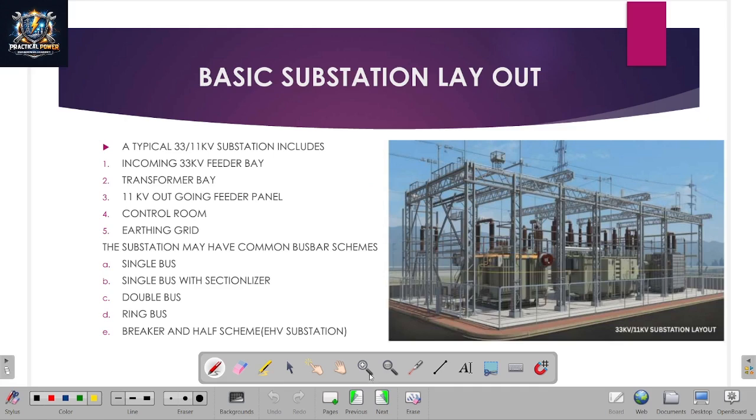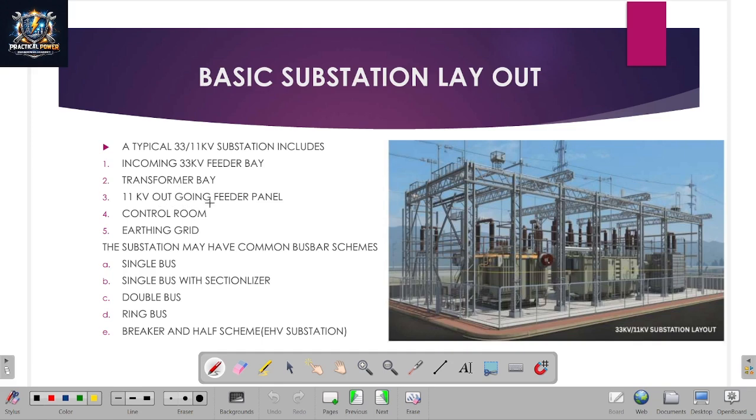Then, basics of substation layout, how the equipments are laid in the substation in different ways. First, suppose a case of this figure for a 33 kV, 33 by 11 kV substation. 33 kV is coming in, the 33 kV feeder bay, and there is a transformer bay where the voltage is transformed.